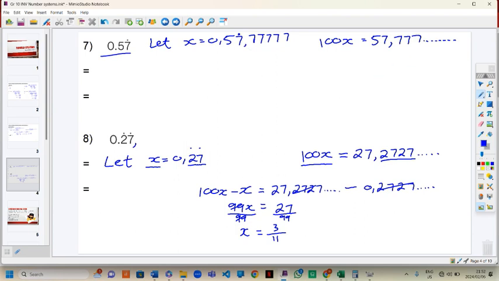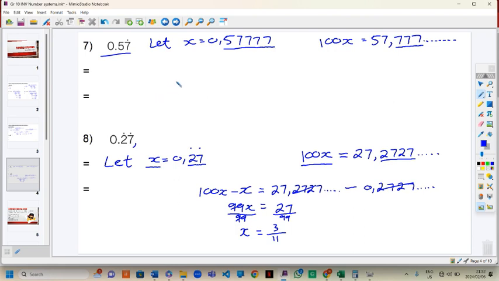Let's rewrite this a little neater so you can see. Let's look at this decimal and at this one. Are they the same?